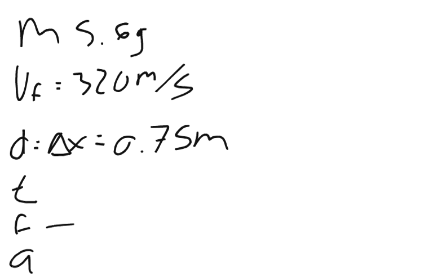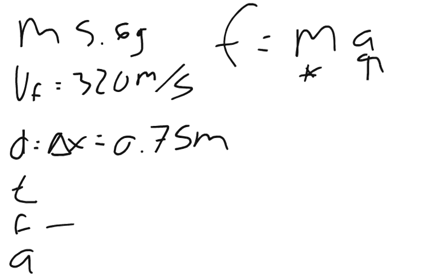But what we want to know is force, and we know one simple, easy equation for force. It's force equals mass times acceleration. We know the mass, but we don't know the acceleration. So what's a formula we know for acceleration? The definition of acceleration is the change of velocity over time.